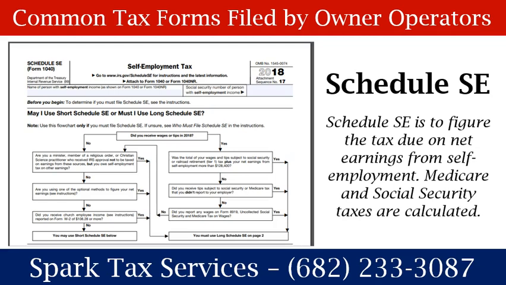You are responsible for paying it because if you receive a W-2, you pay a portion of it and also the employer you work for pays a portion too. However, as an independent contractor, the business does not take anything out. You are responsible for reporting the self-employment tax, and it's just accumulated over the year based on your net earnings. Again, the net earnings, not your gross earnings, but your net earnings.